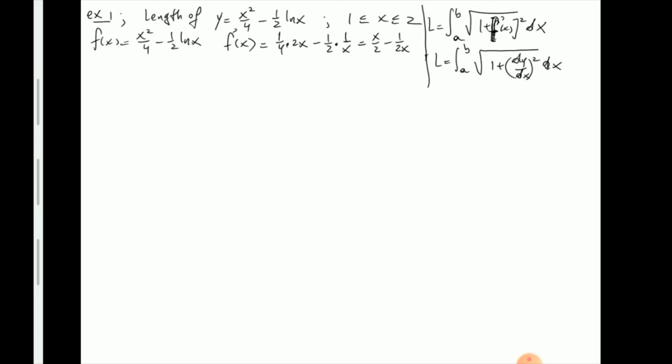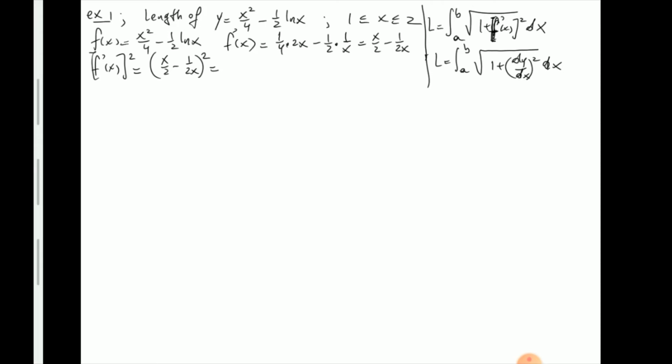Then we need to square this. So f prime of x squared becomes quantity x over 2 minus 1 over 2x, squared. And then add 1. We could add 1 later or now, but let's do one step at a time, because I want you to look carefully at what happens here with the algebra.